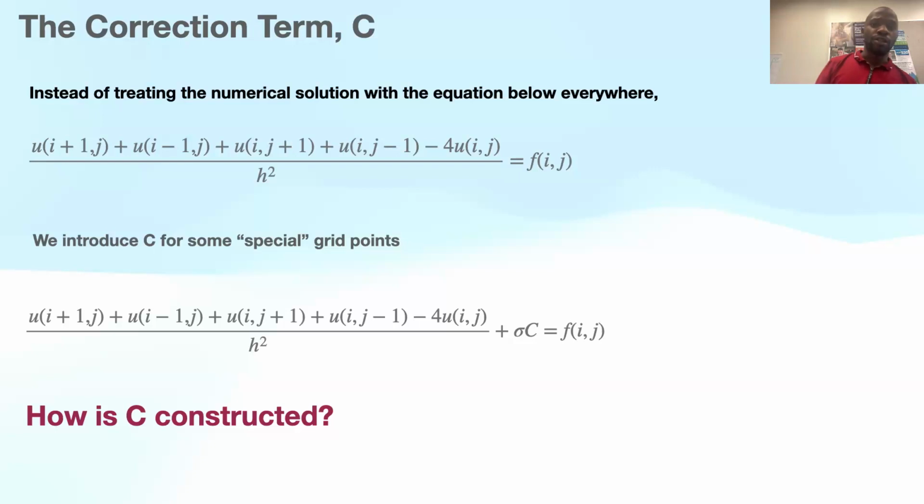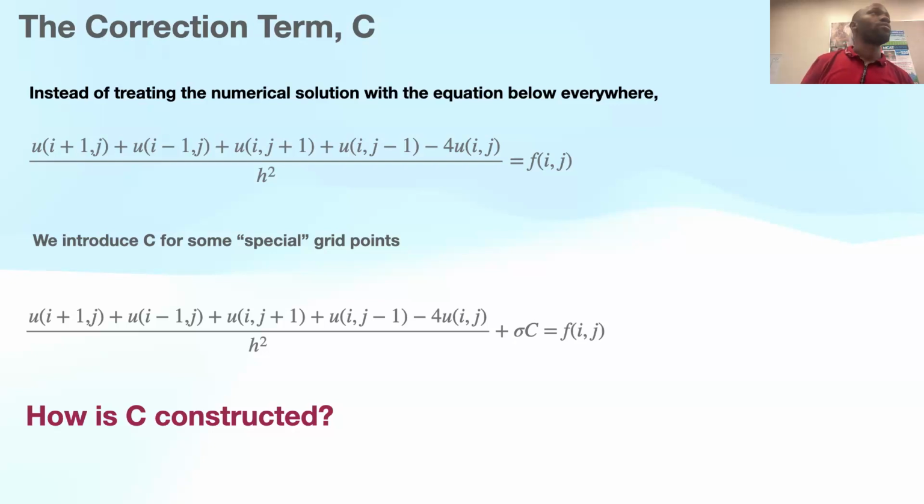This is what Sandra and Stanley have given me. The first one is just the 2D discretization, the 5-point stencil. Then I want to correct that for specific points, maybe around that interface, by adding some C. So the question now, in the abstract, is how do we design this C?